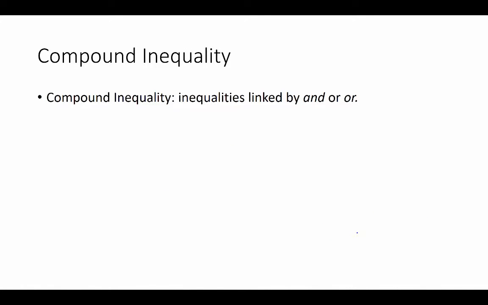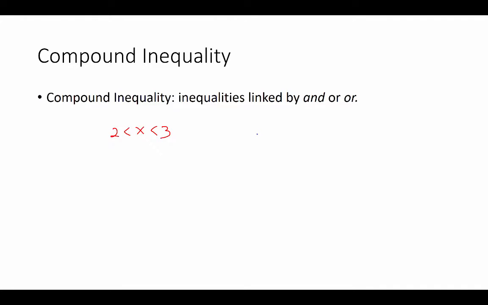Okay, and let me talk about compound inequalities. Simply, they require more than one, basically two inequality symbols. So for example, if I say x is between 2 and 3, that will be a compound inequality.